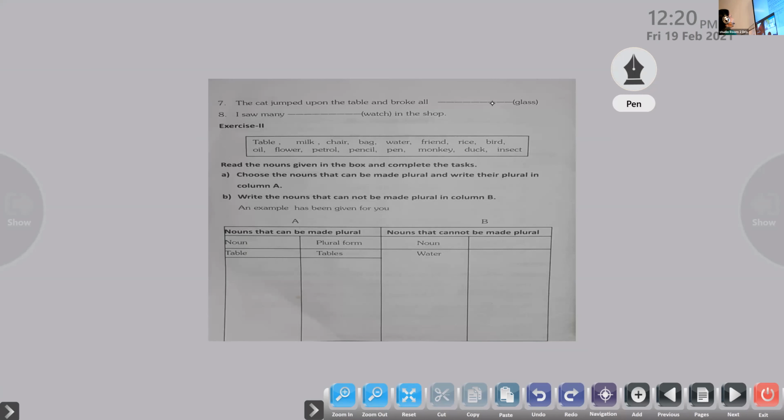The cat jumped upon the table. Come on, read it quickly. The cat jumped upon the table and broke all. Aiden is not there, just now I saw him. The cat jumped over the.